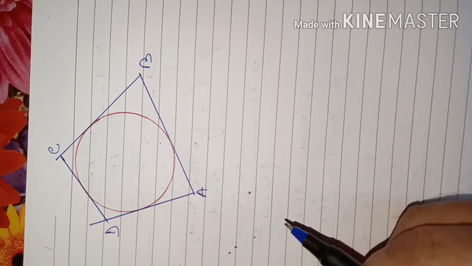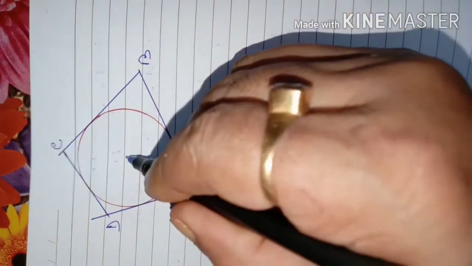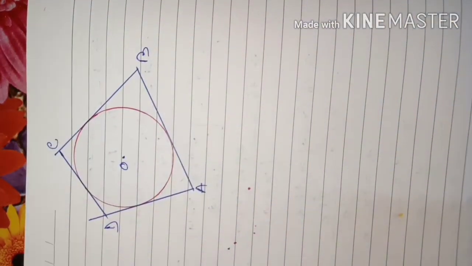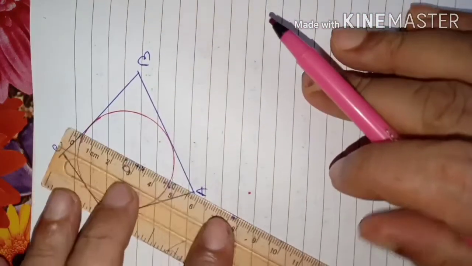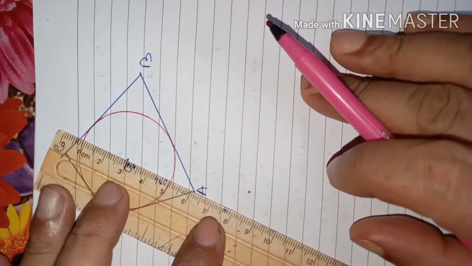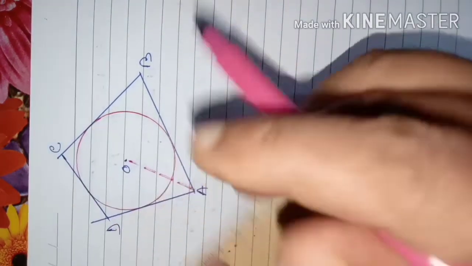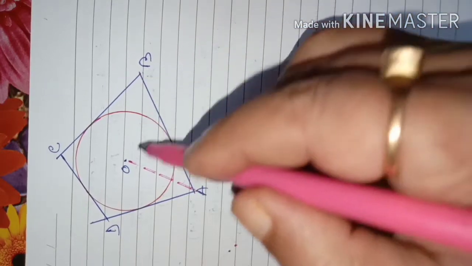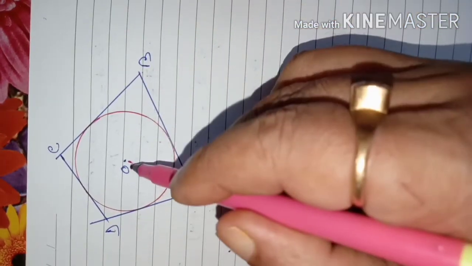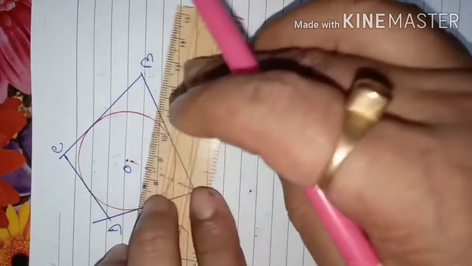Now the question is, this is the center here. We have to prove that opposite sides of the quadrilateral will subtend angles at the center of the circle, meaning you join endpoints of the sides with this center, then you will get an angle here at the center.